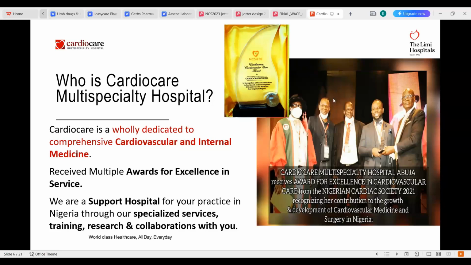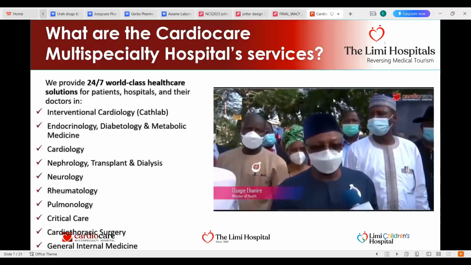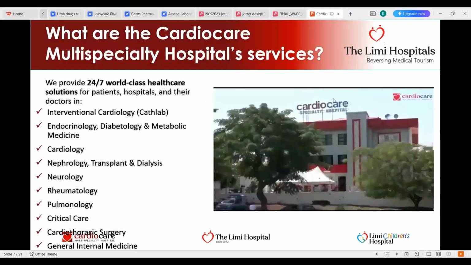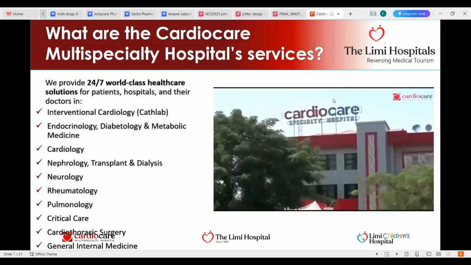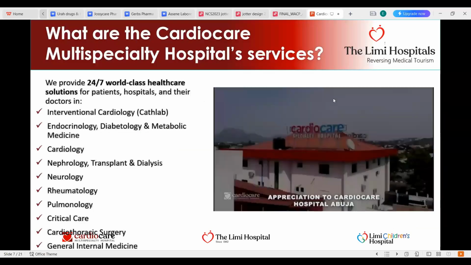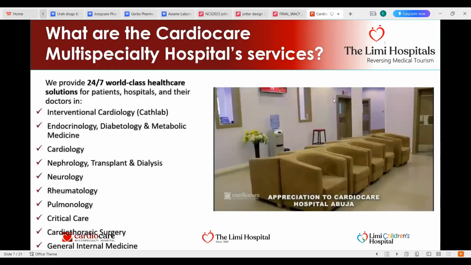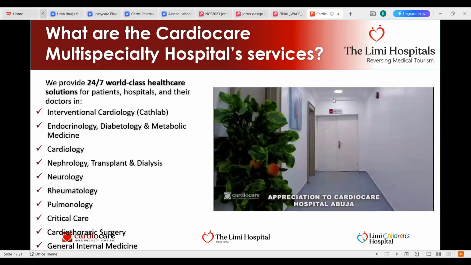So here are the services that we do here at Cardiac Care Multi-Specialty Hospital. We do interventional cardiology. We have a functional cath lab. We have done over 900 cases so far.